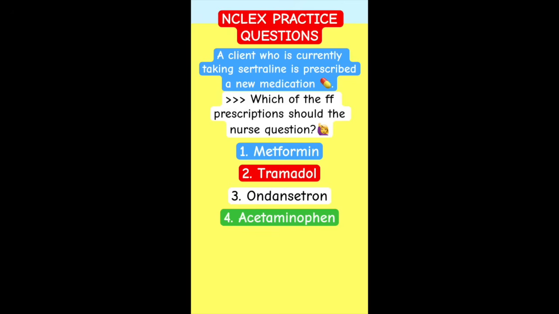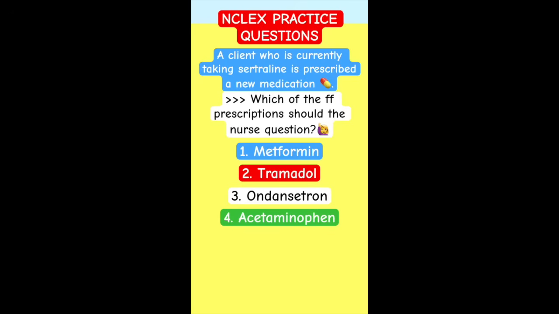A client who is currently taking Sertraline is prescribed a new medication. Which of the following prescriptions should the nurse question? Metformin, Tramadol, Ondansetron, acetaminophen. Think about it.